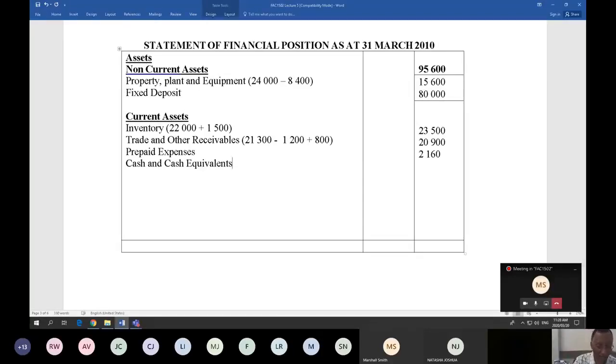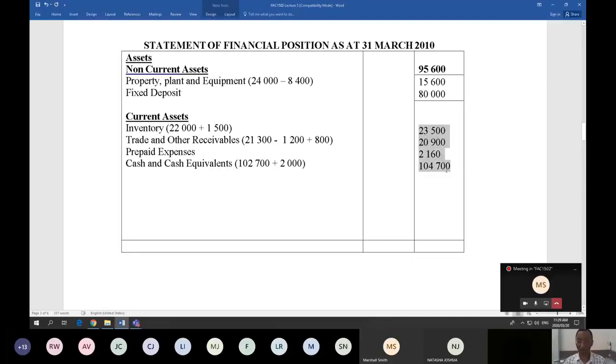Our bank amount is the amount of 102,700, and your petty cash is the amount of 2,000 Rand, resulting in cash and cash equivalents of 104,700 Rand.